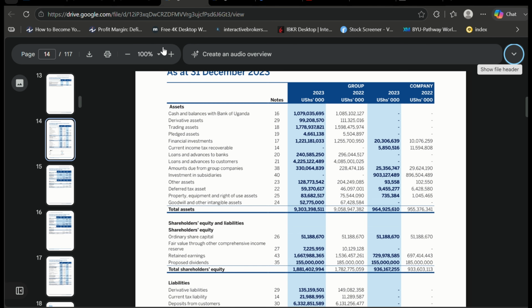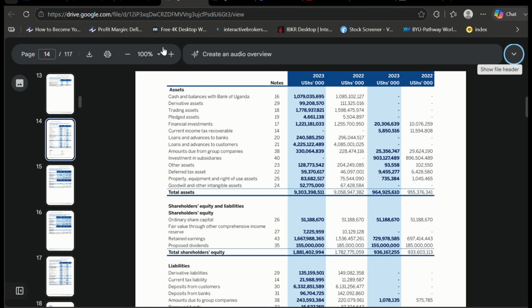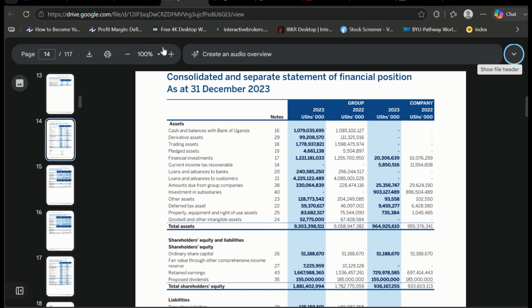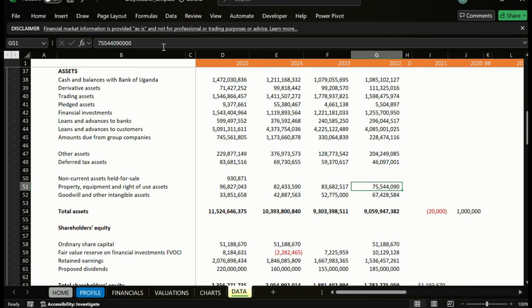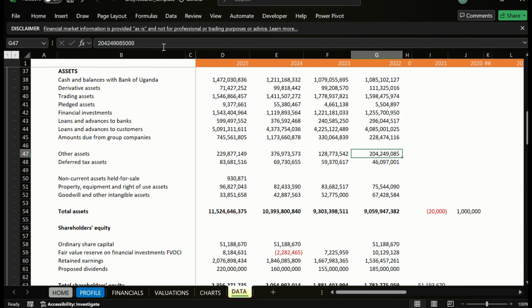The 9 is still 50, non-current assets. 0, 0, 0. I'm having a joint here.